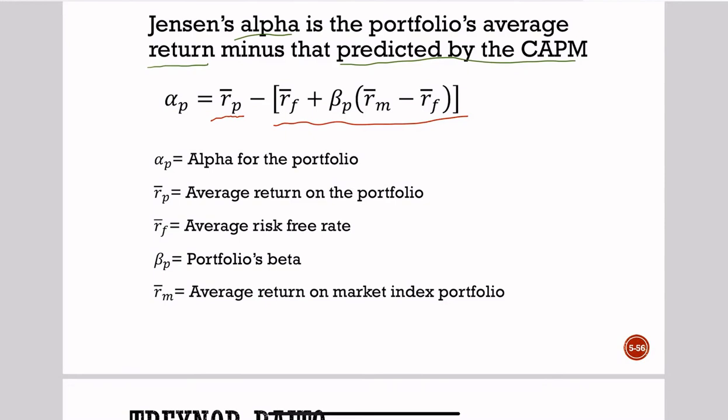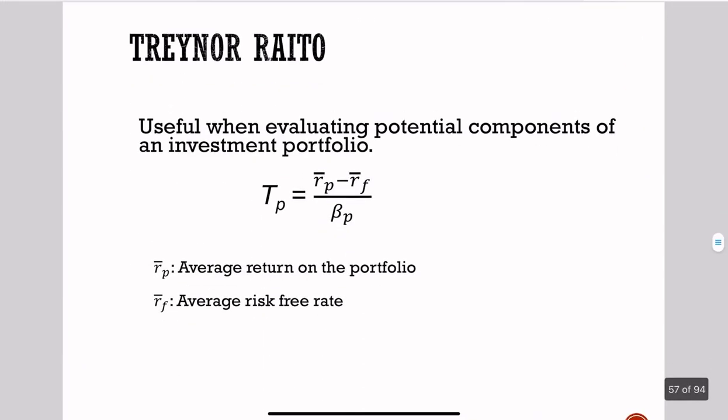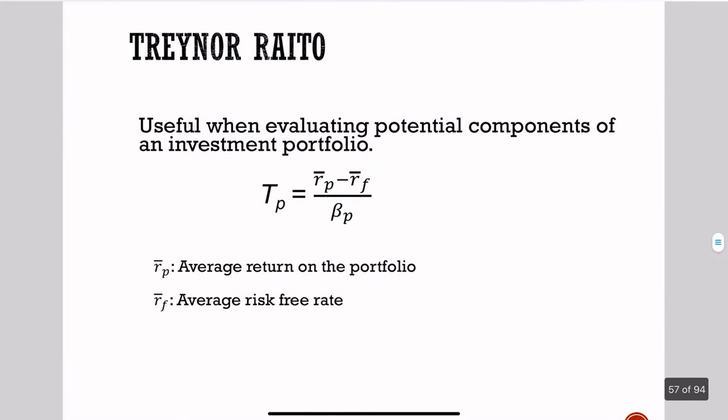Because you're getting positive alpha. Essentially, it means that your return is higher than the return predicted by the model. Right? Okay, so now the third kind of measure, Treynor ratio.